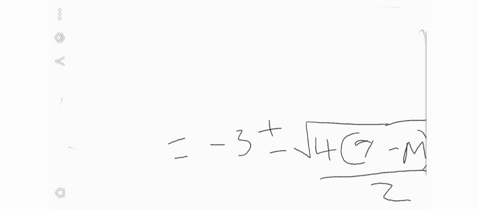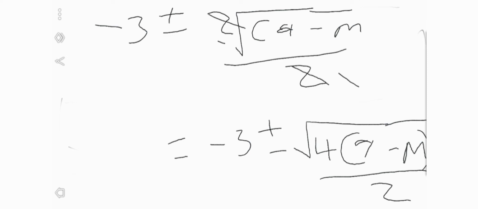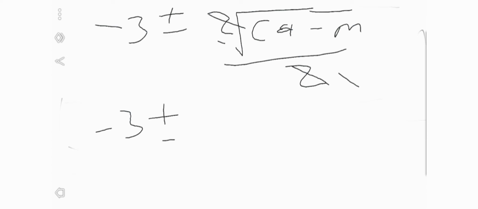The root of 4 is 2, so minus 3 plus or minus the root of 4 is 2, so 2 will come out. We are left with, in brackets, 9 minus m, divided by 2. So this 2 here cancels this 2 here, and we are left with minus 3 plus or minus the root of 9 minus m.